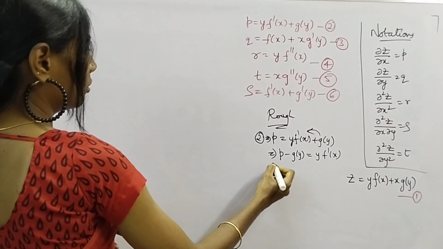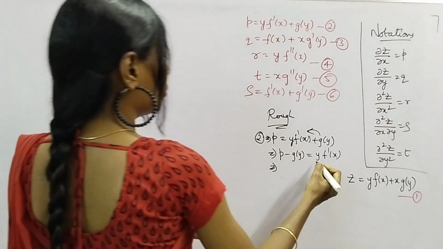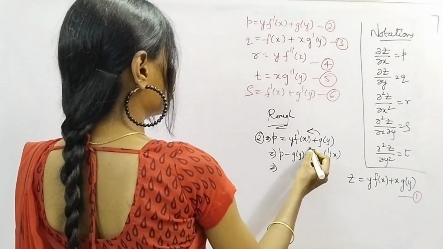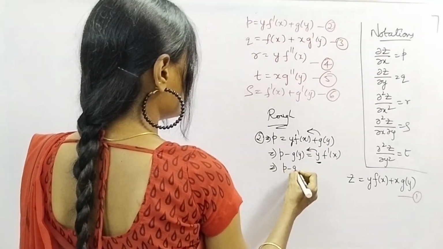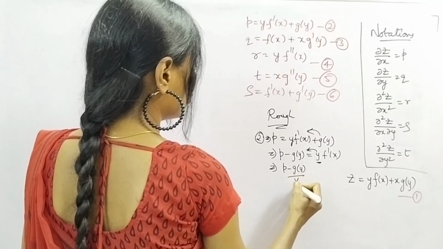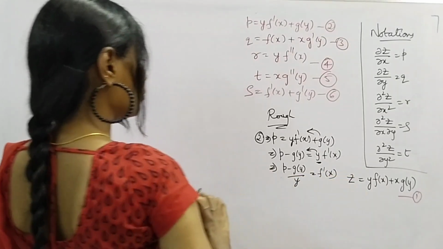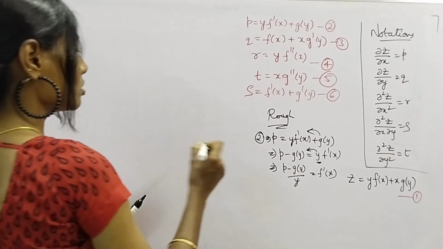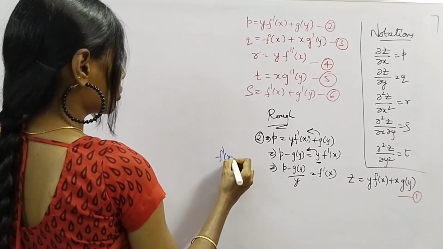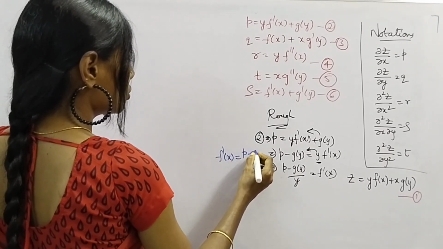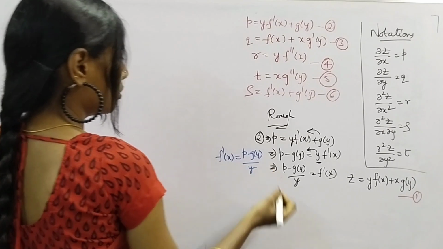Now I'll bring this y to LHS, so that I get p minus g of y by y equal to f dash of x. Finally, I got the value of f dash of x: f dash of x equal to p minus g of y by y.